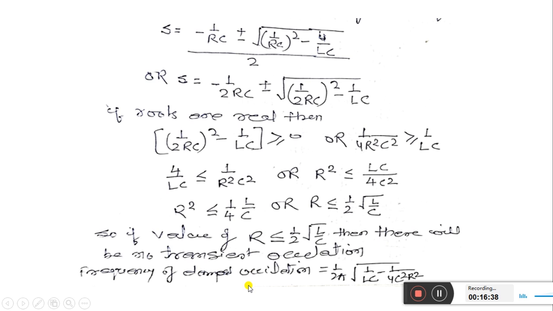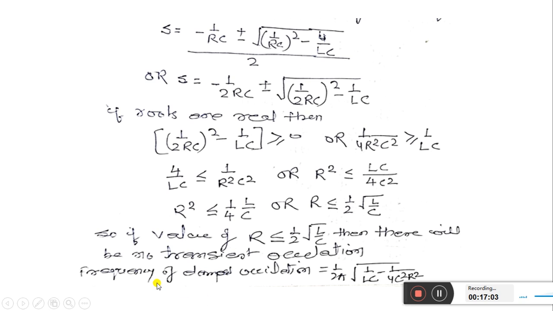So now in this figure we see that since the roots must be real, this part under the square root must be real, that is this value must be positive. To have this positive value, it means the 1 by LC part must be positive.